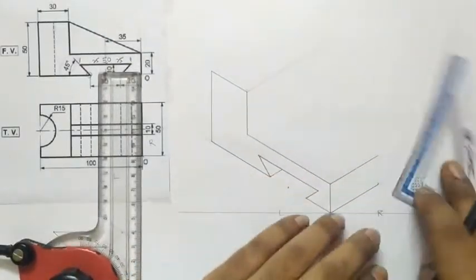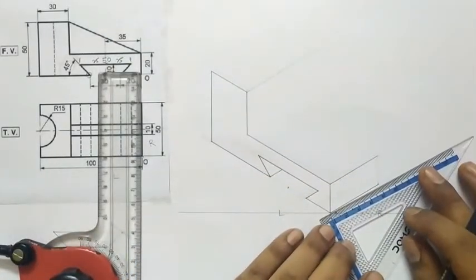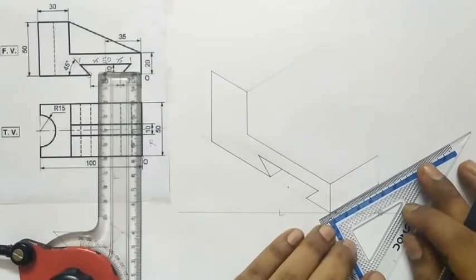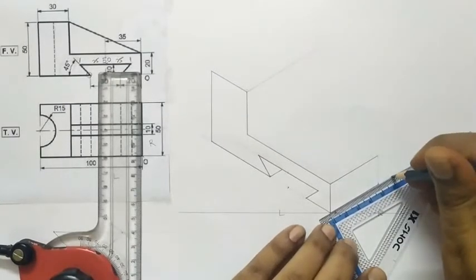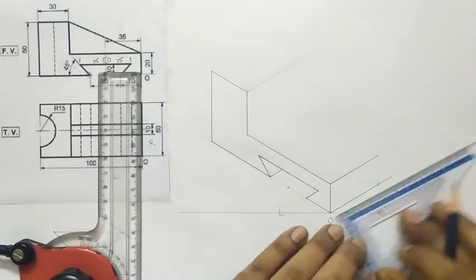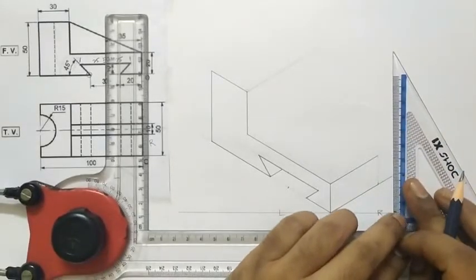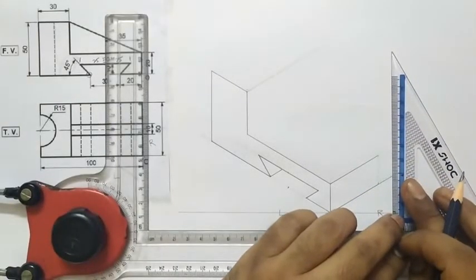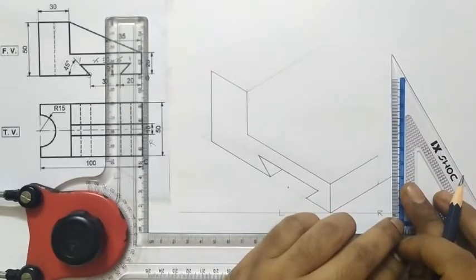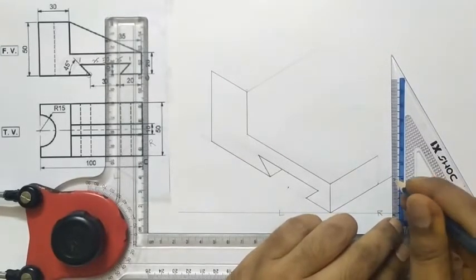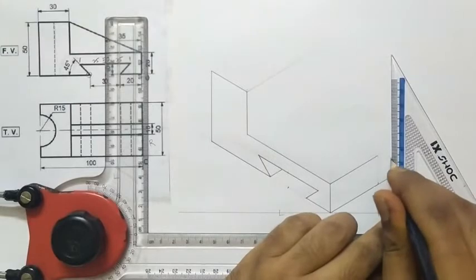So let's take 50 mm distance on this side, 50 mm, right? And height is 20 mm.